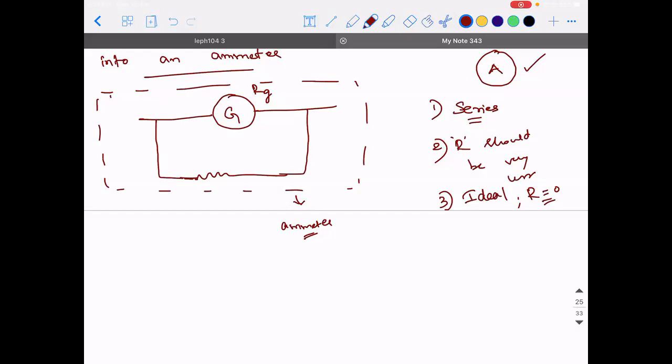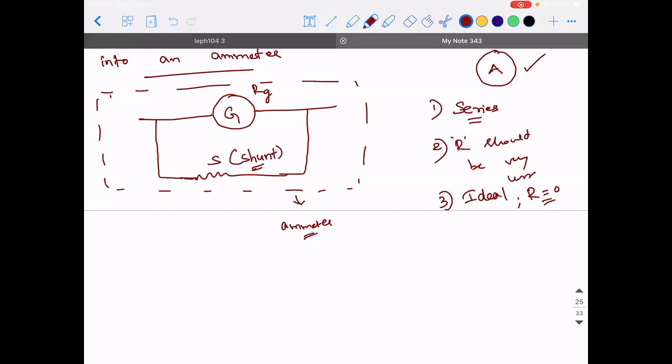Now comes another important question. Listen to this carefully, okay? Because there are too many questions to be asked. Now, if this has to exactly work as an ammeter, you are connecting a resistor in parallel, right? Let me call that resistor S. I called it S because this resistance is called shunt resistance.